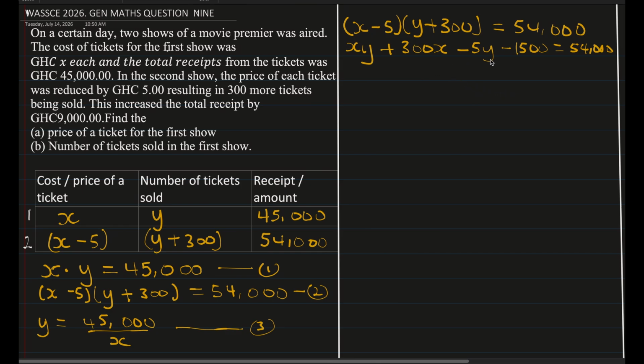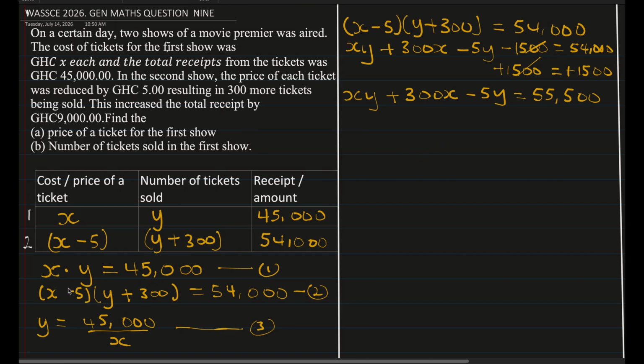All right, now let's add 1,500 to both sides. Now this 1,500 cancels this 1,500, and we are left with XY plus 300X minus 5Y is equal to, now when we add 1,500 to 54,000, we are getting 55,500.